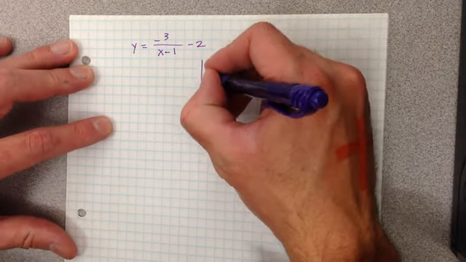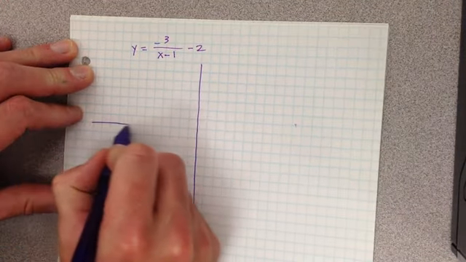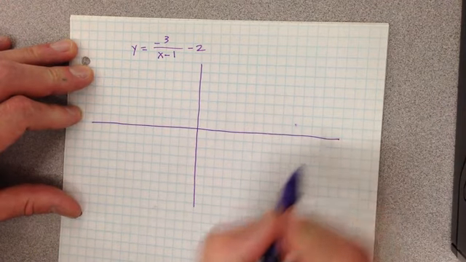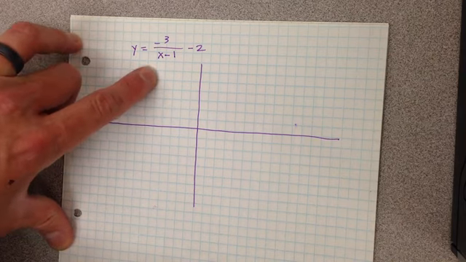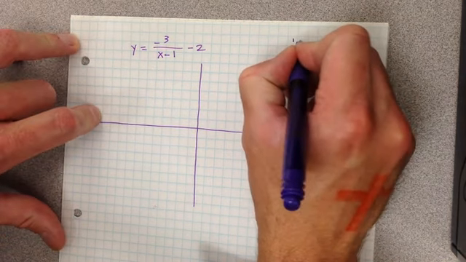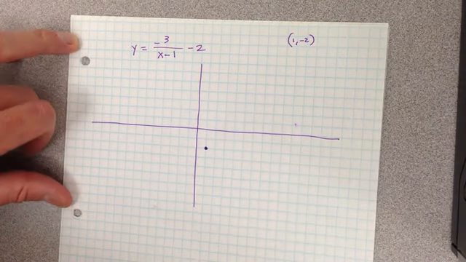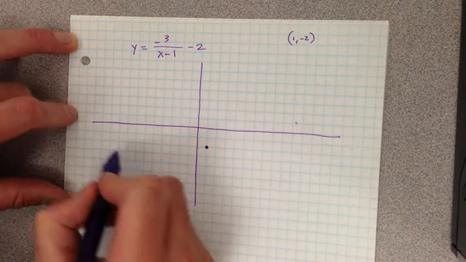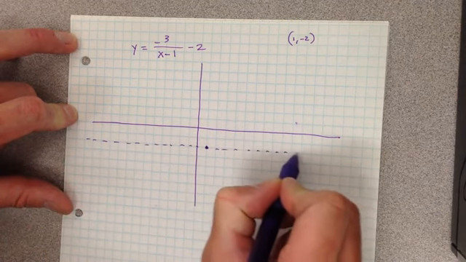So first, let's get a big set of axes drawn. Locator point will be opposite same, so 1, negative 2. Right through your locator point, your center, you can draw our asymptotes.